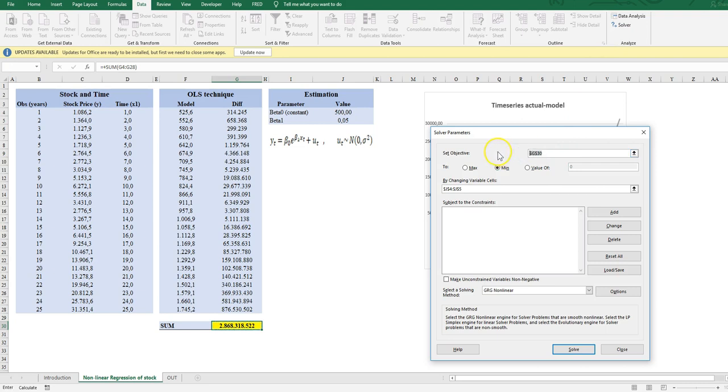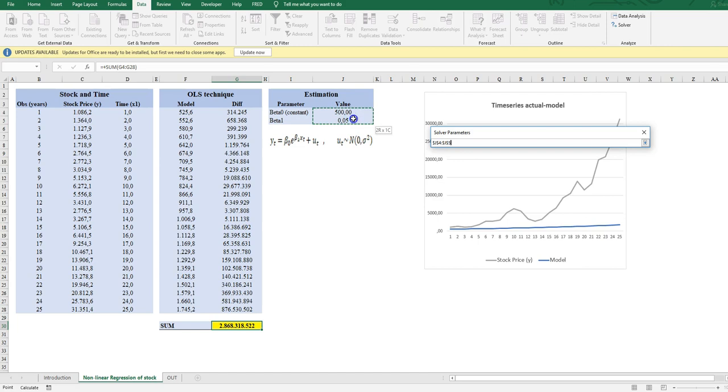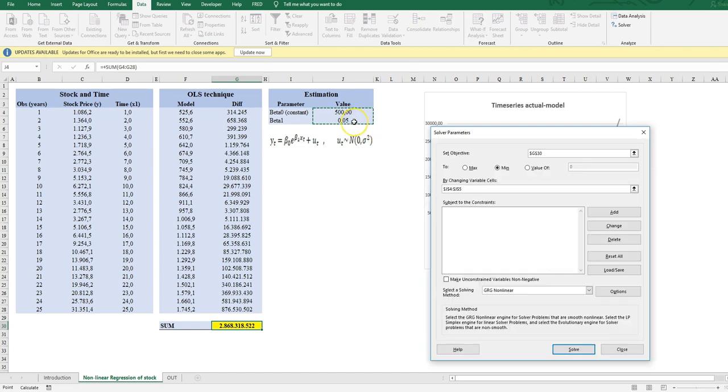Set the objective function. This is the function that Excel should do something with, as you decide, and you can either maximize, minimize, or enter a specific value. We'd like to minimize, and we'd like to minimize it with respect to these two variables, beta 1 and beta 0, and we have no constraints.